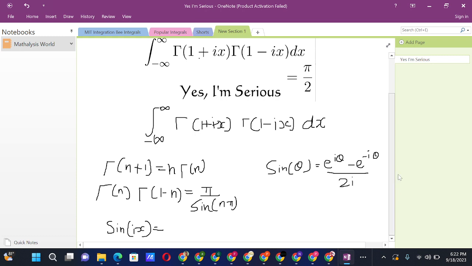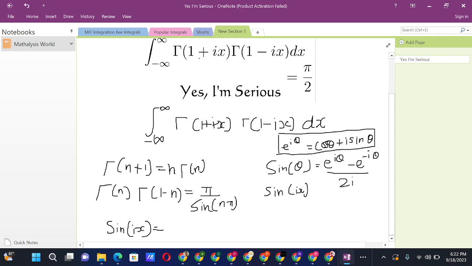To see why this works, you need to know the other formula again, which is that e to the power i theta is cos theta plus i sin theta. If you know this, we can substitute the values from the formula to see why this formula is true. And now, if you know this, we can find sine of ix.